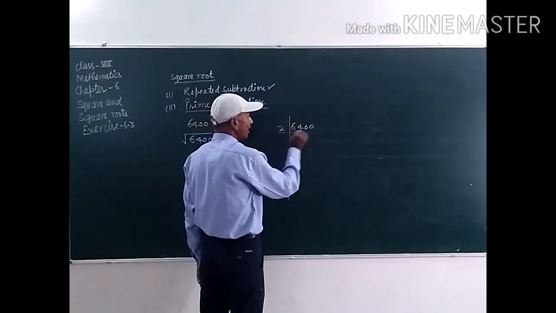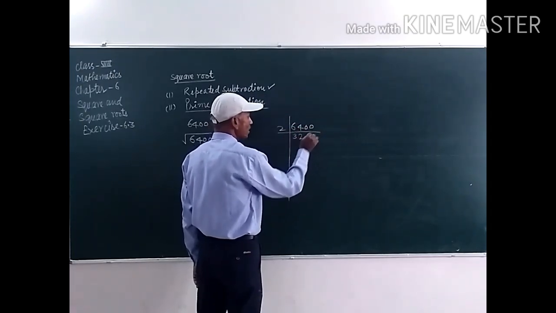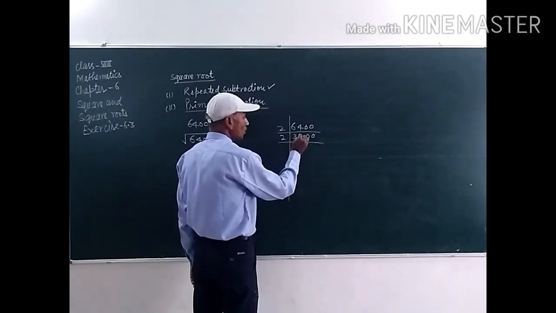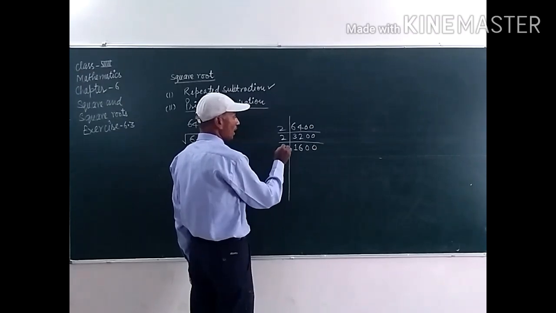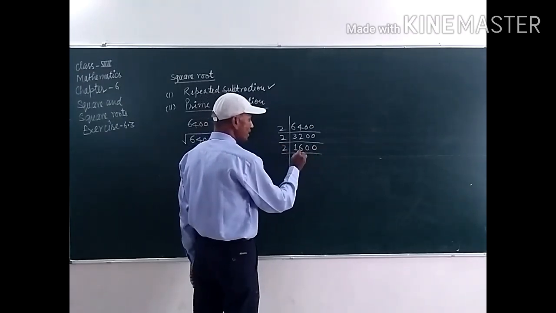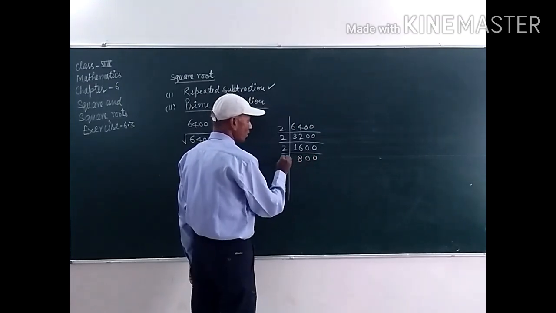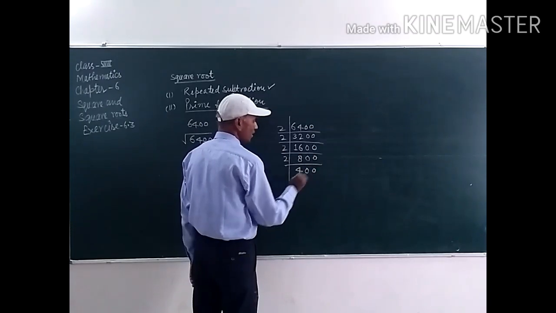So after dividing by 2, 2 threes are 6, 2 twos are 4, 0, 0. Again by 2, 2 ones are 2, 2 sixes are 12, and 0, 0. Again by 2, 2 eights are 16, 0, 0. 2 twos are 4, and this one 0.